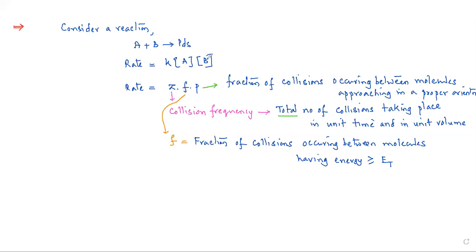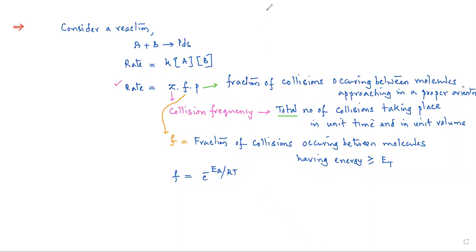So it actually deals with orientation. Now, say this F can of course be given as e power minus EA by RT. So this is all about rate. Rate can be given as Z into F into P.